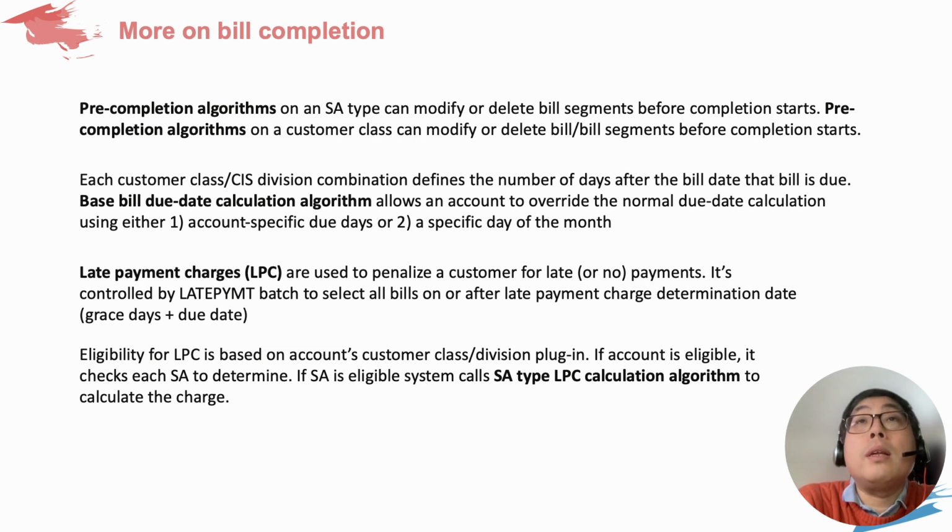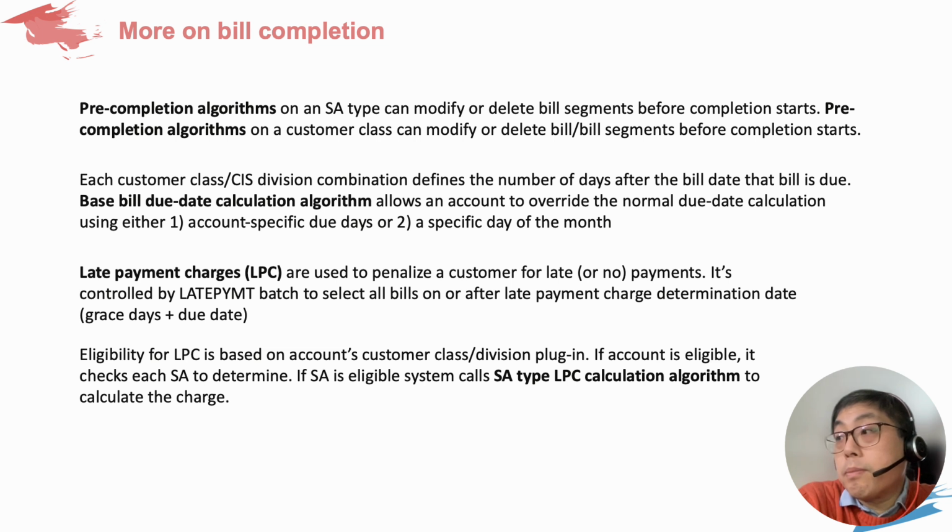So they can normally be used for validation purposes, as I said, or they can be used to modify or delete bill segments, or the ones on customer class could be modified to delete the bill or bill segment before the completion starts.